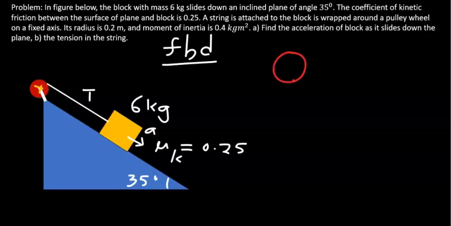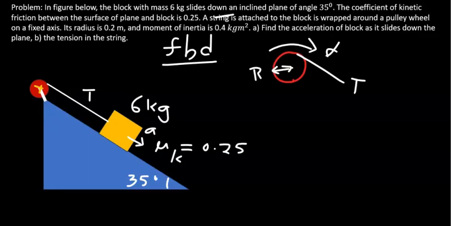So that's your pulley, and you have this tension from the string T that would cause the pulley to spin like that about that axis. Now the radius of this wheel or the pulley is R, and R is 0.2 meters. So as it spins, it would have an angular acceleration alpha.